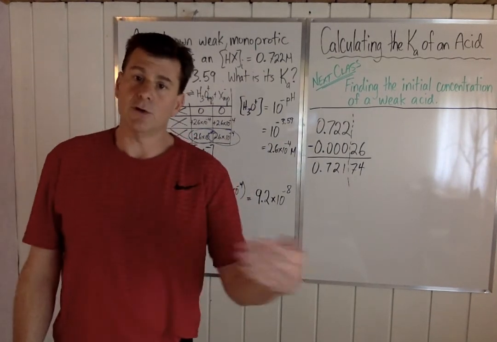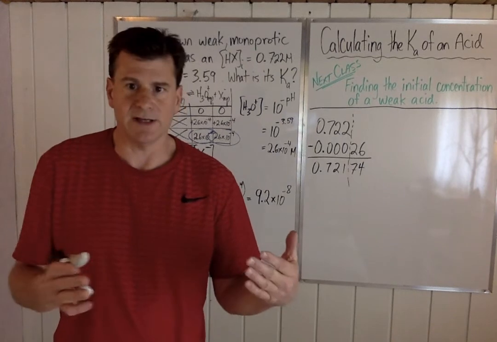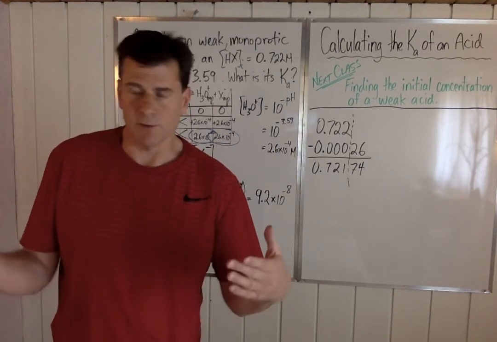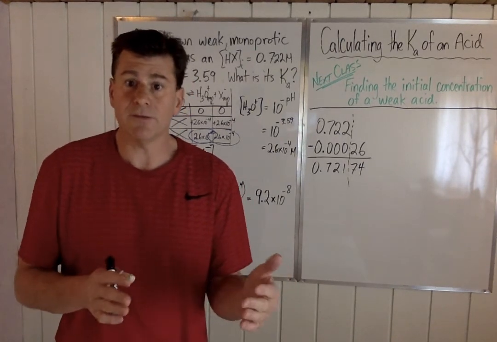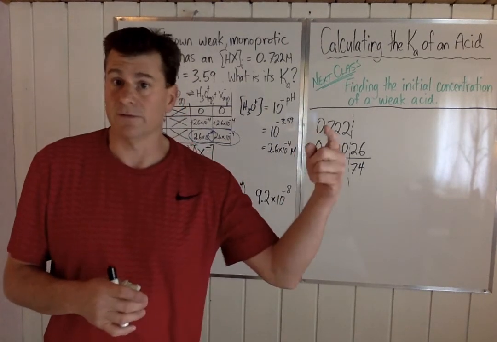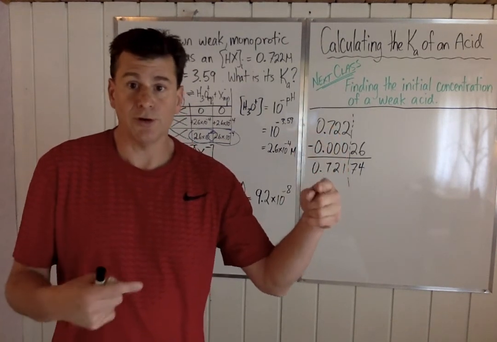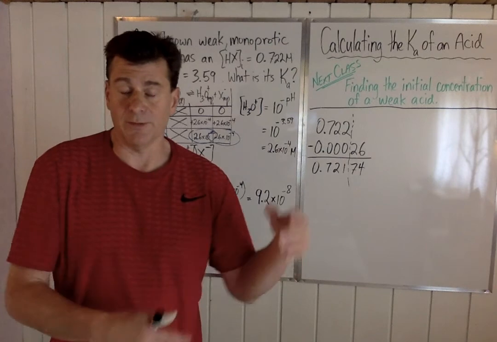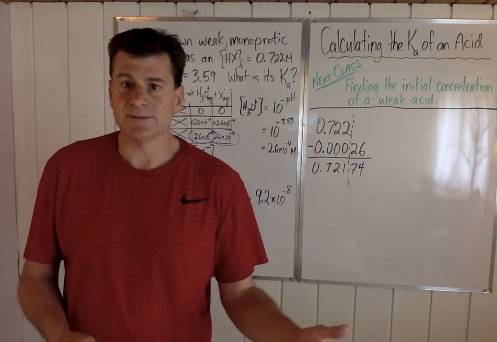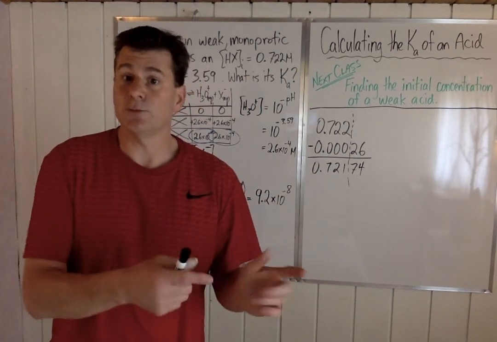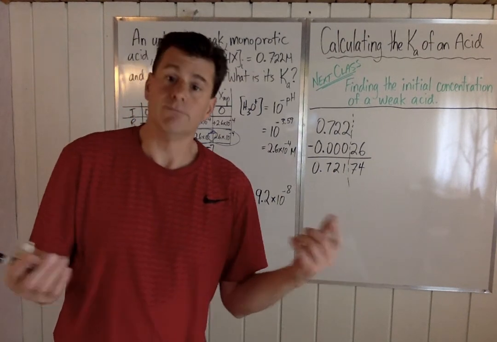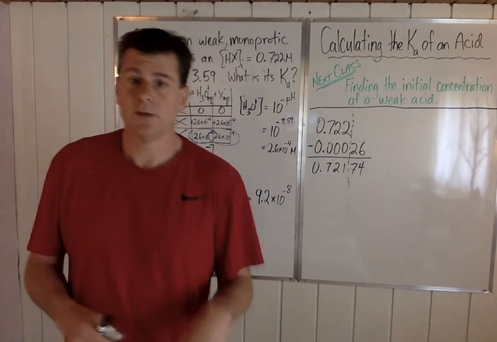I could go to a table, as long as it was at the right temperature that the experiment was being done at, and compare. I could look for a weak monoprotic acid on the table, given the formula, and look for 9.2 times 10 to the negative 8 and see which one it matched up with, and that would most likely be my acid.